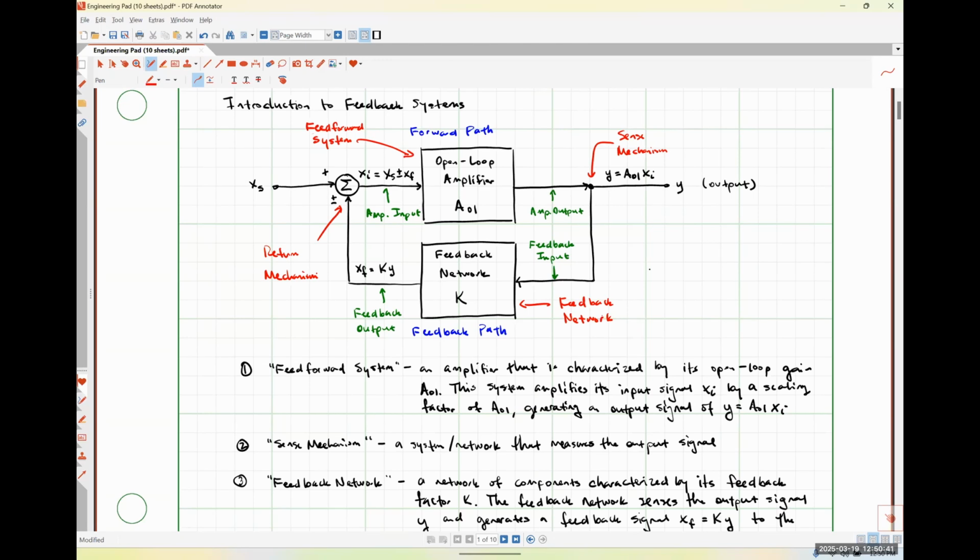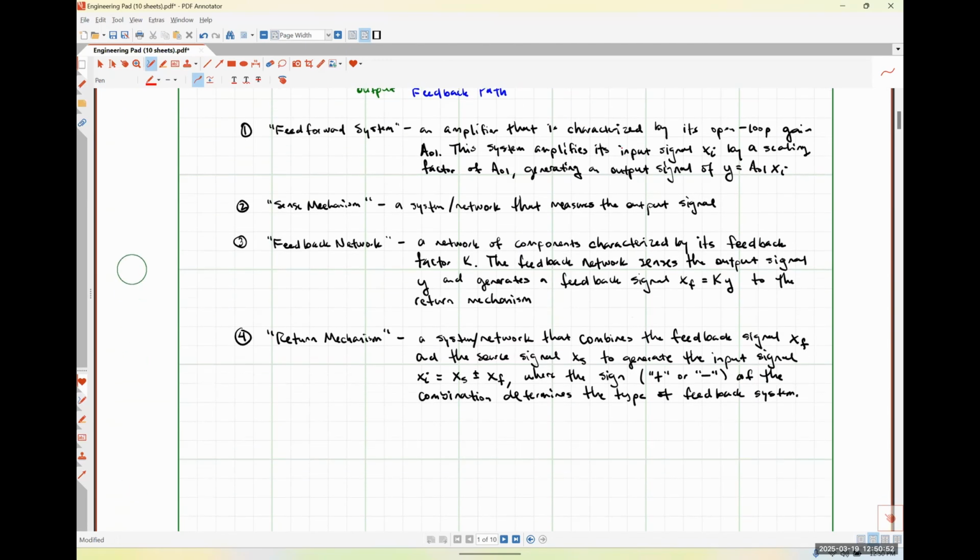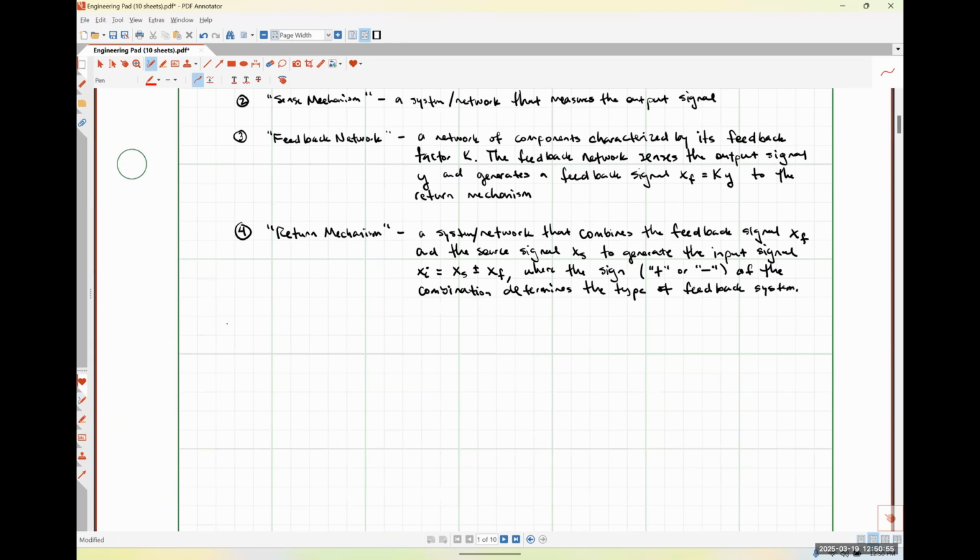So we're going to start today by talking about a positive feedback system, where the sign on that summing block right there is a plus sign. Let me just put a note down here.